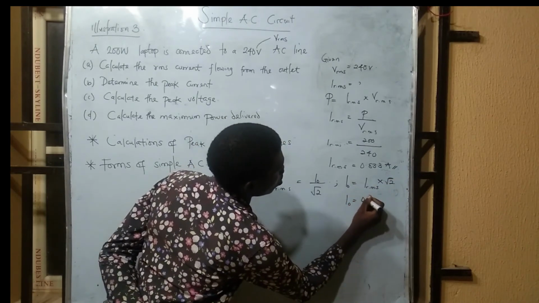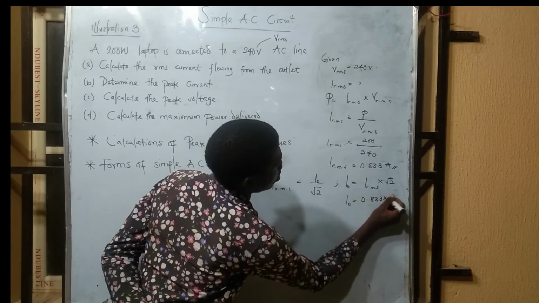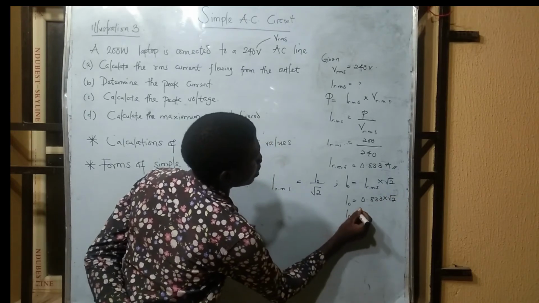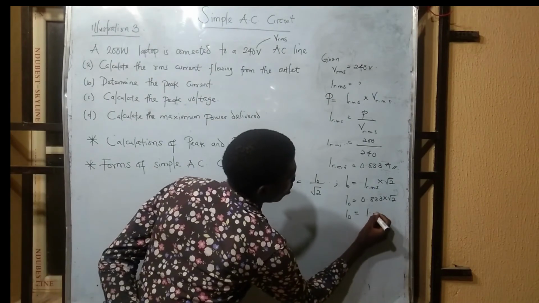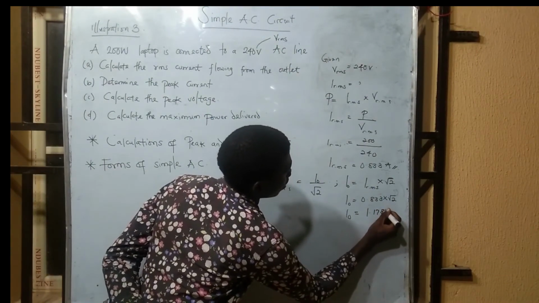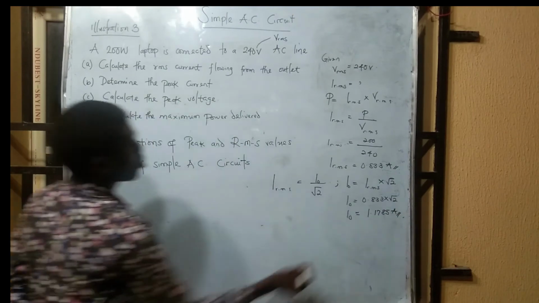So that way we have 0.833 times root 2. Simplifying this further, our answer is 1.1785 amperes. You can do it to confirm that.